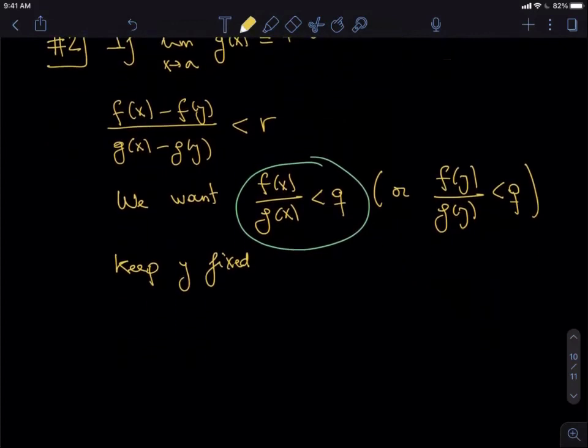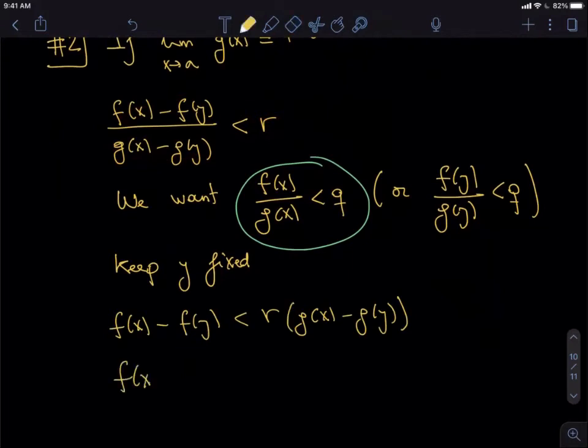Now, when we keep y fixed, we can manipulate this quotient and write f(x) minus f(y) less than r times (g(x) minus g(y)). And then we can leave f(x) alone on the left.